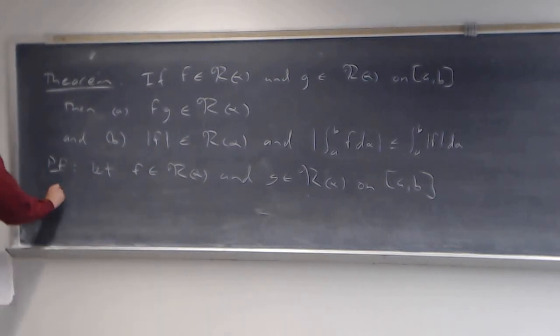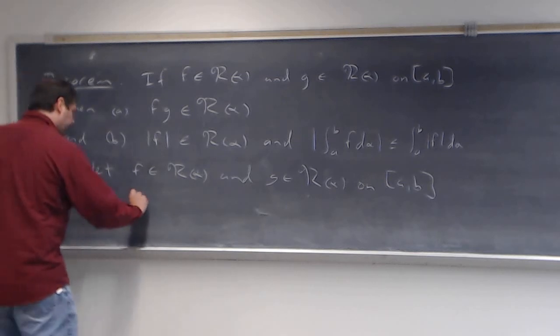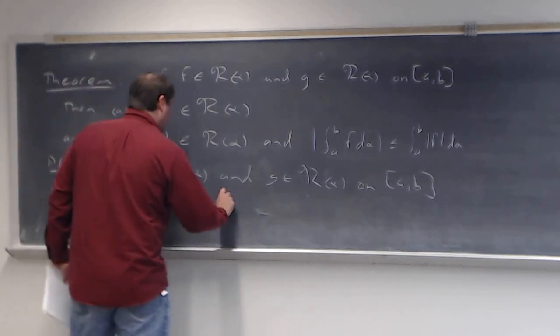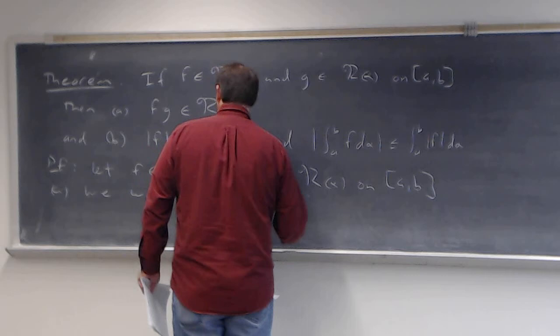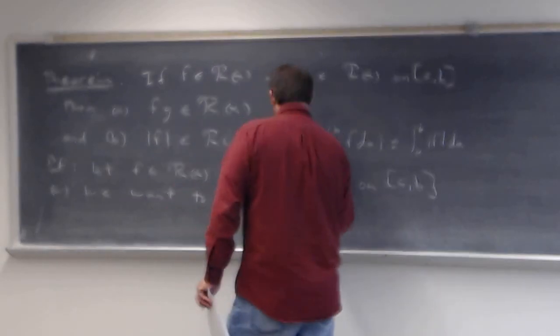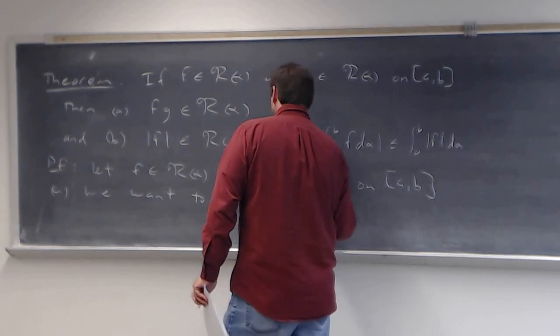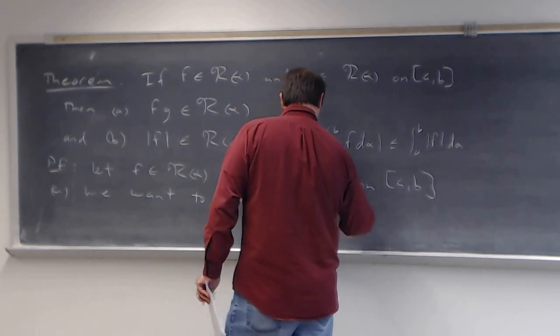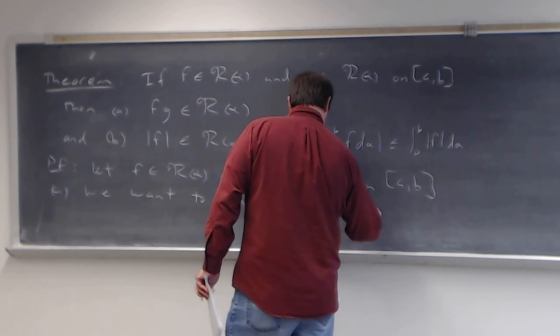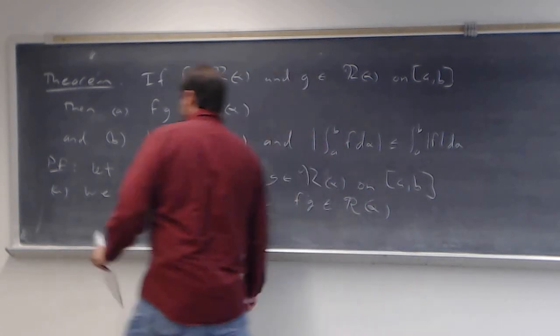And then we want to prove part A. That is, we want to show f times g is Riemann-Stieltjes integrable with respect to alpha.